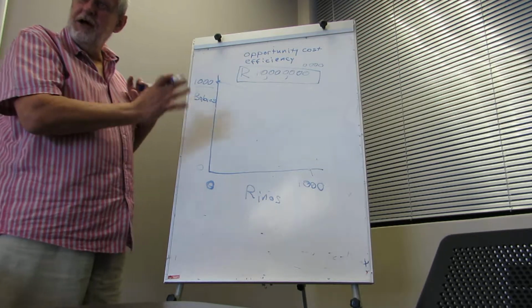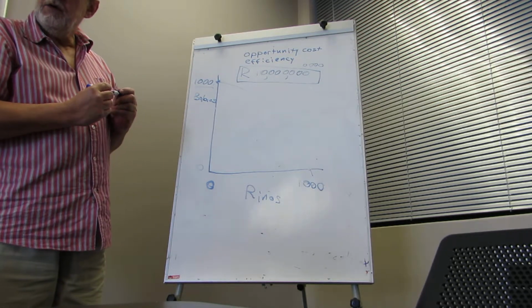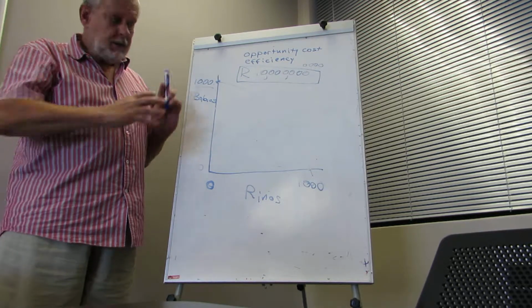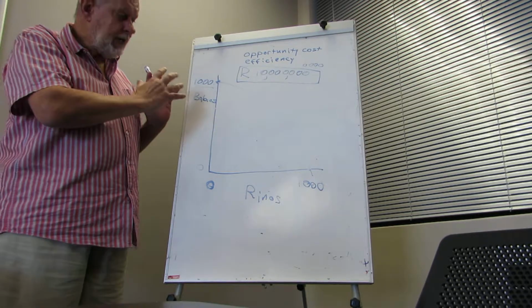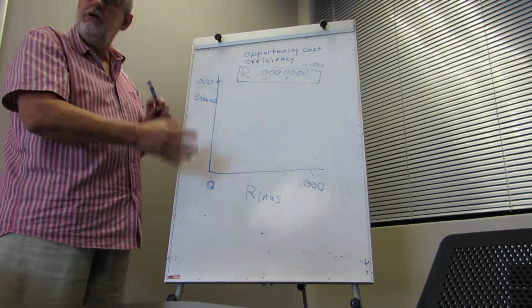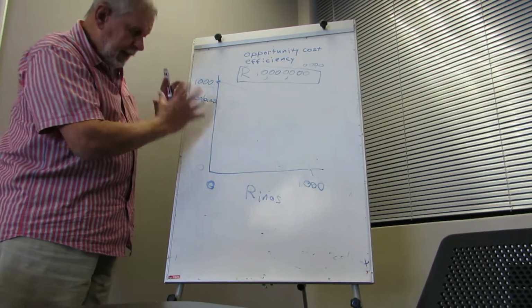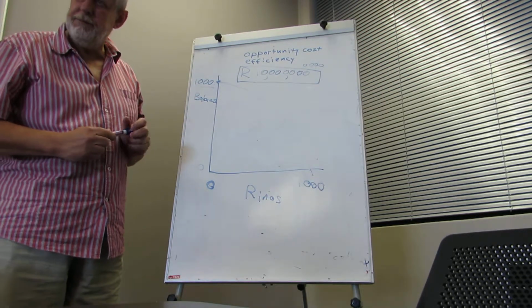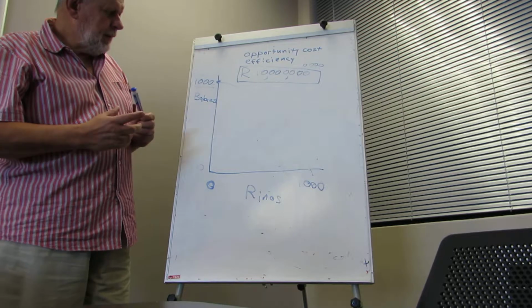Okay, so you've got that concept. So the first thing is choice. So the PPF, the production possibilities frontier, illustrates choice. You have to choose between babies and rhinos. Okay, so you understand that concept.